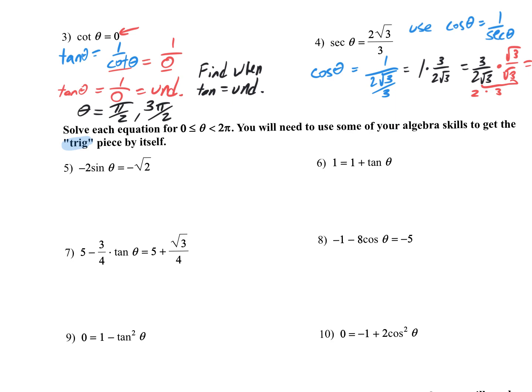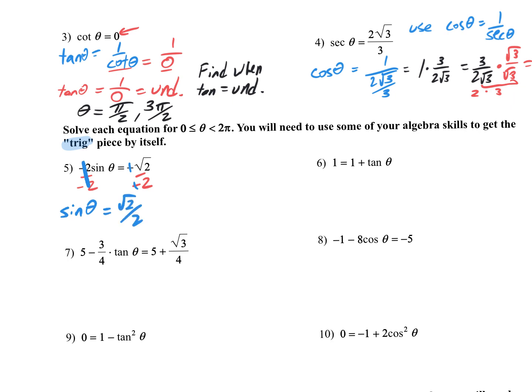So for example, let's look at number 5. I need to get this sine theta by itself. So I'm going to divide by -2 because I see that it is multiplied by that. So now you'll see that the -2's over here cancel out. My negatives are canceling out over here. So I have something like this. Sine theta equals root 2 over 2.